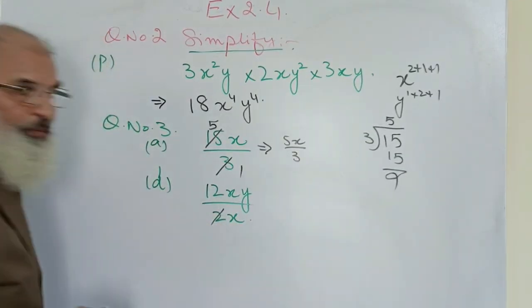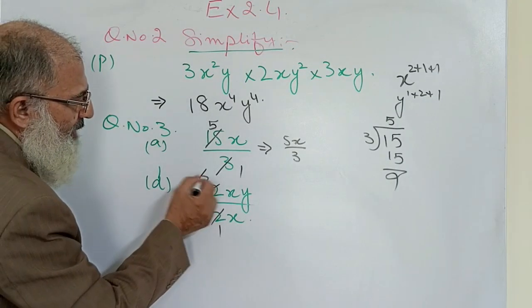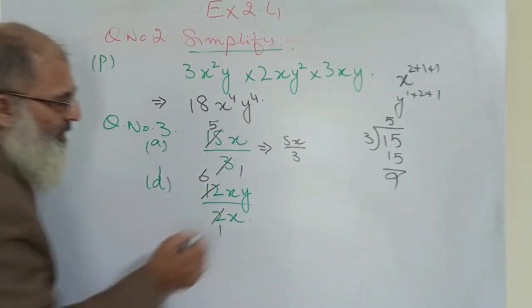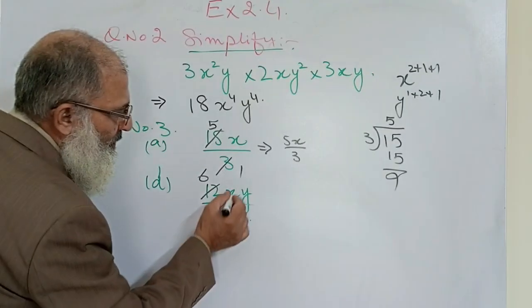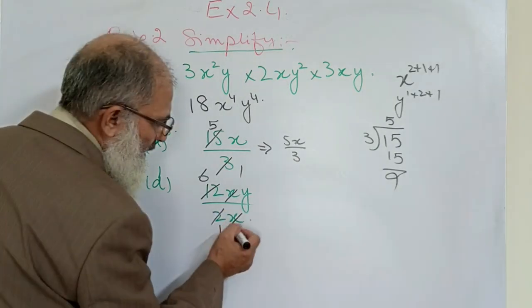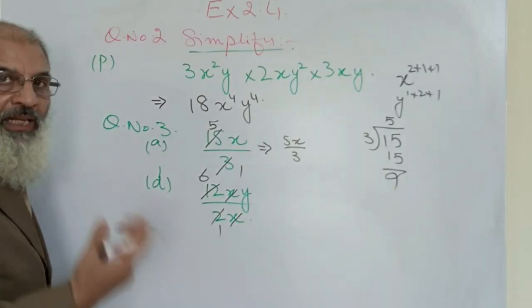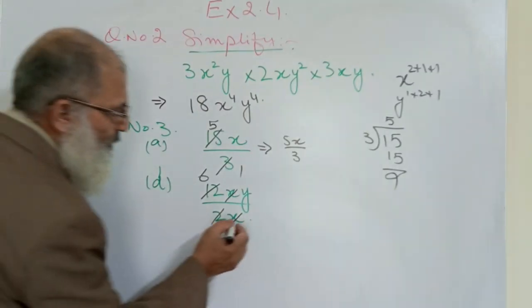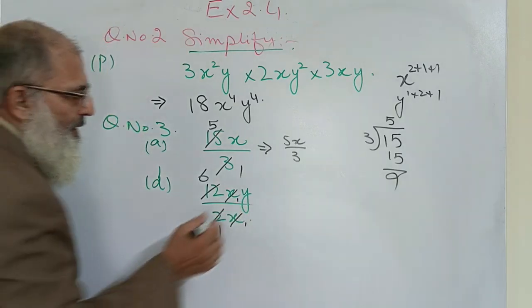So 2 1 times and 2 6 times 12, x 1 time and x 1 time. I have not written it because this one and this one will become 11 and you will be confused. You can write here 1, you can write here 1.